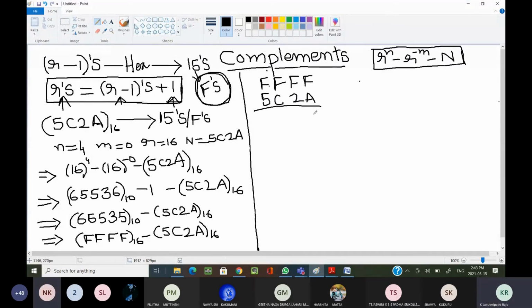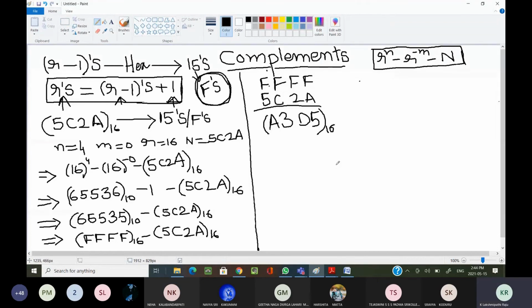F means 15. 15 minus 10 is 5. 15 minus 2 is D. Very good. And 15 minus C is 3. 15 minus 5 is A. So A3D5 of hexadecimal. This is the 15th complement of the given number.